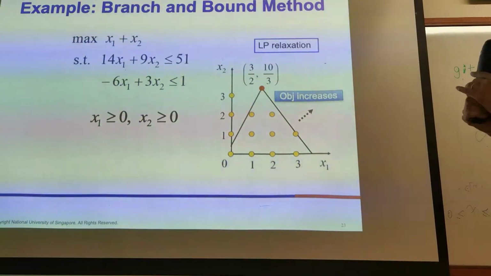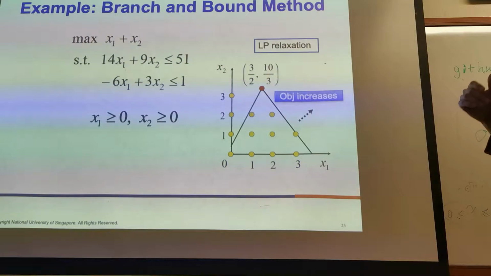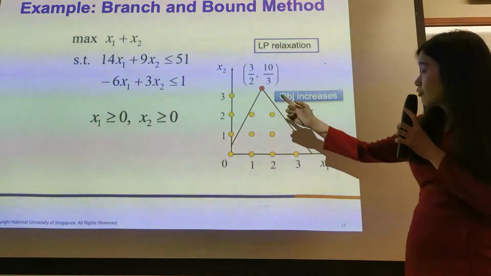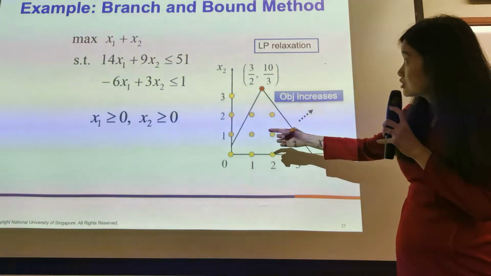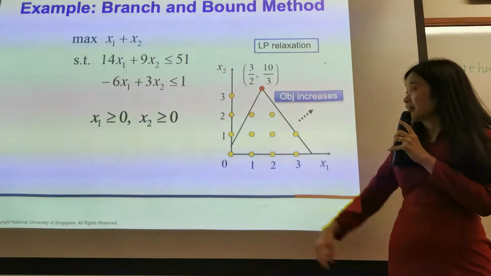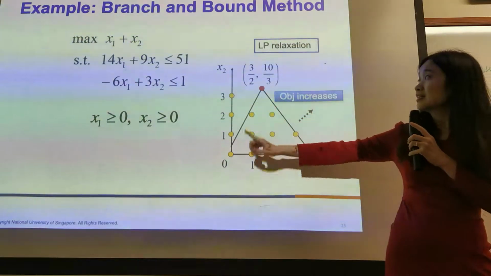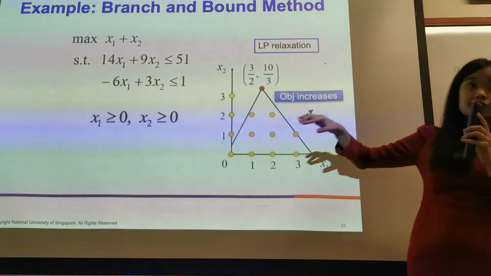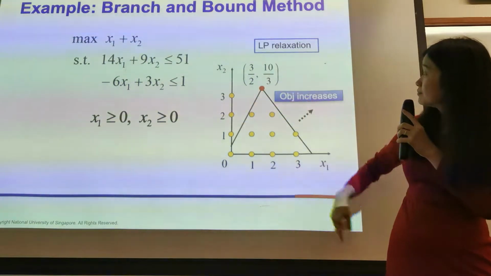For example, initially I say my x1 and x2 are non-negative integers, but then I first relax my program to say x1 and x2 are just non-negative variables, so I don't say they are integers, and then I solve the whole program and get the solution to this LP problem to be at this point, because it's not integer from the first round of solving.